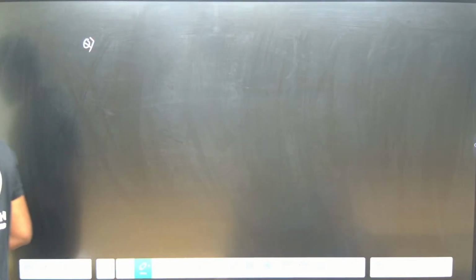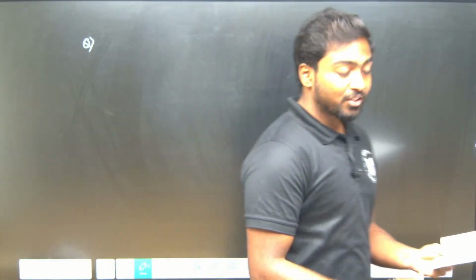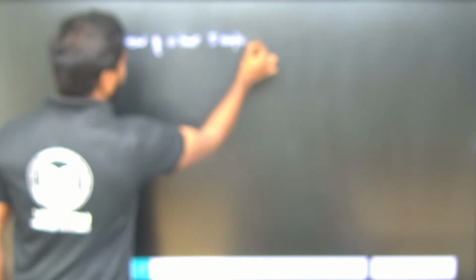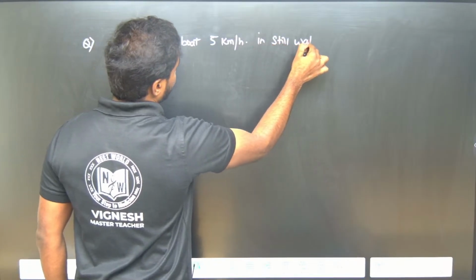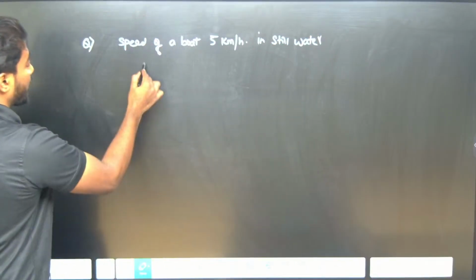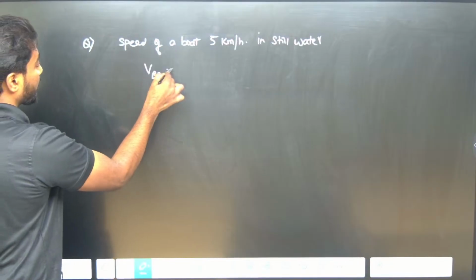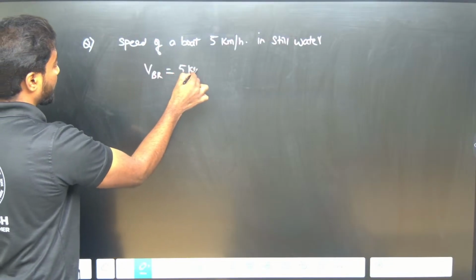So the next problem is: the speed of a boat is 5 km per hour in still water, which means velocity of the boat with respect to river is nothing but 5 km per hour.